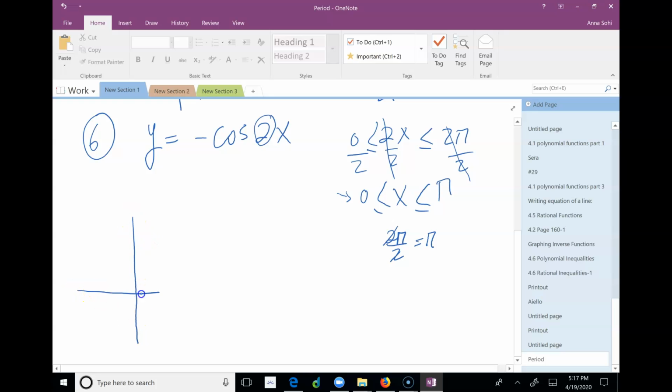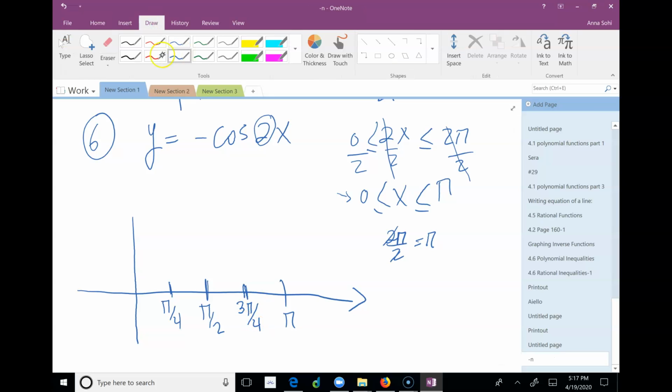So if you think of graphing here, you go 0 to pi. Half of that is pi over 2. Half of that is pi over 4. Half of that is 3 pi over 4. Let me change the color here. The behavior is cosine. So you start from the highest to lowest. Just keep in mind that you will have a negative or a flip at the end.